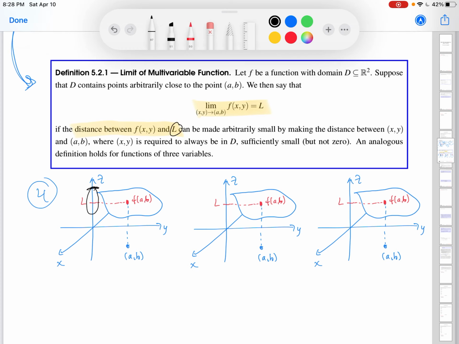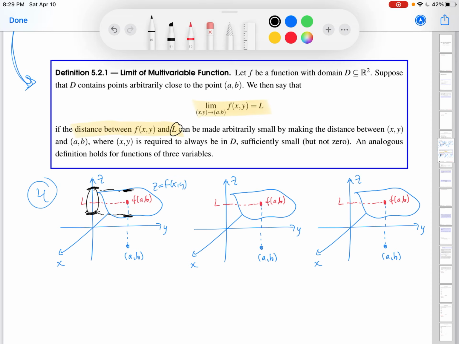So there's some interval here that represents f of (x, y) minus L, a difference in z-values. If you think of this as a point on the surface, which is z equals f of (x, y), the blue surface here, and this as a point on the surface that's higher than this one, then we're thinking about all the z values in between.